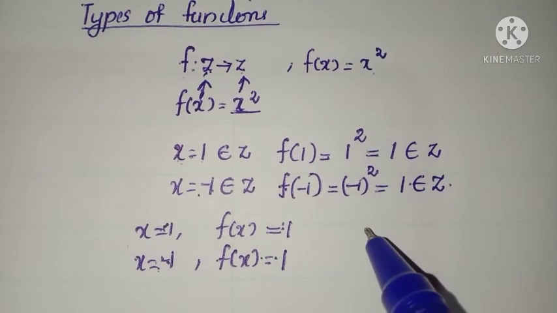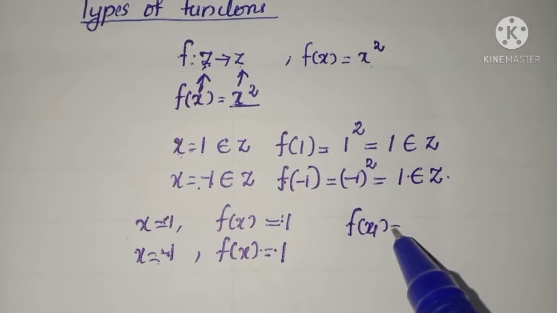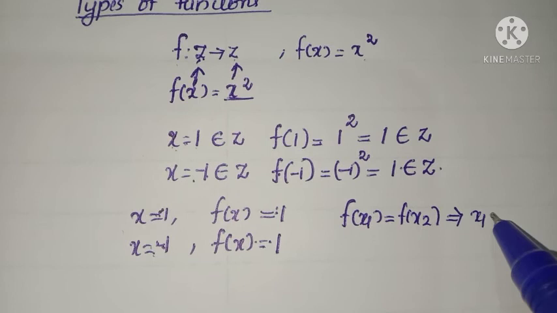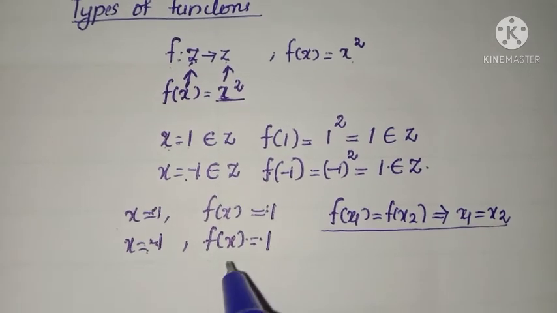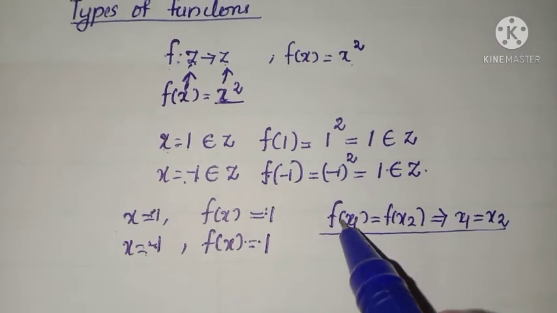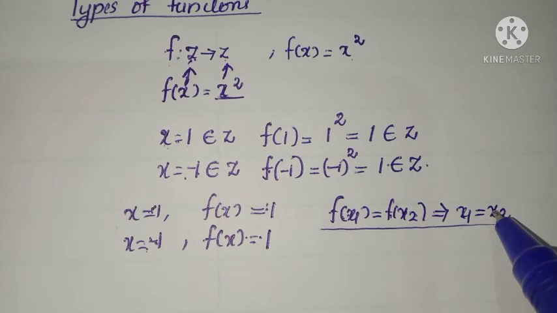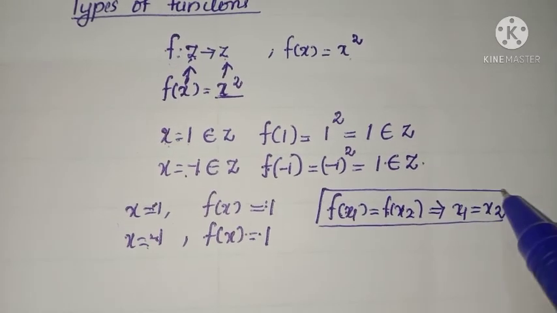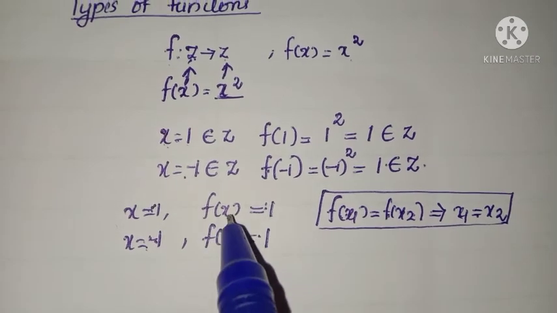Now listen, for one-one, the condition is f of x1 equal to f of x2 implies x1 equal to x2. The meaning is that if images are equal, then the corresponding elements are equal. Now look here.